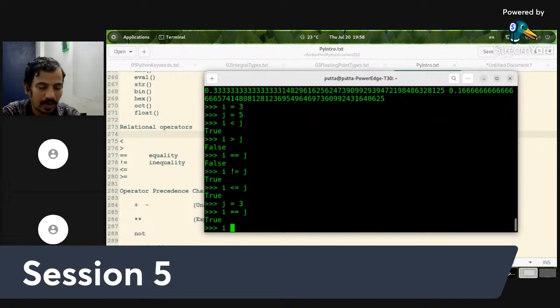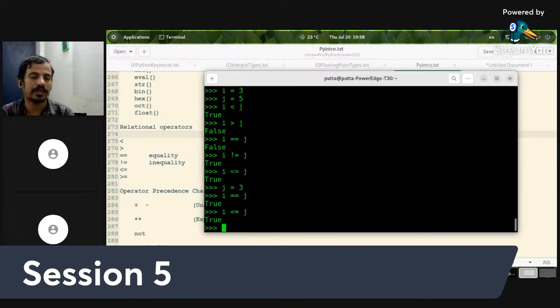What about i less than or equal to j? i is 3, j is 3. True. We are saying less than or equal to, so if it is either less or equal, we say true.